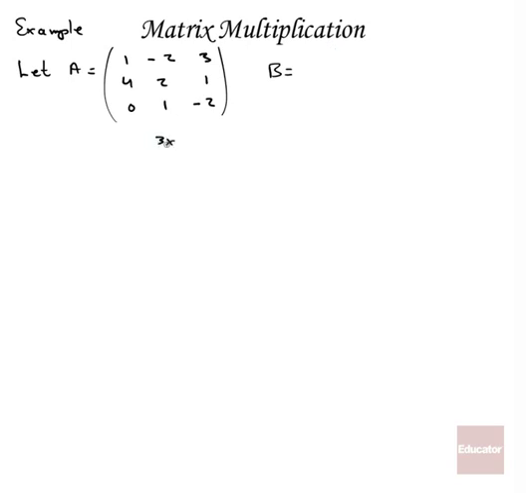So this is a 3 by 3. And then we have 1, 4, 3, minus 1, minus 2, and 2. So this is a 3 by 2. So AB, A times B, is defined. It's going to be, well, the 3 goes away, the 2 inside ones, so we're left with a 3 by 2. So AB is a 3 by 2 matrix.